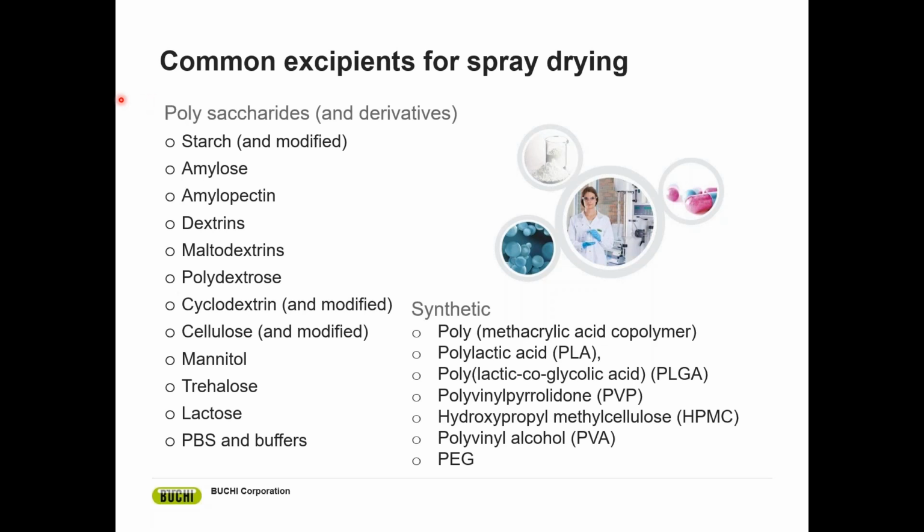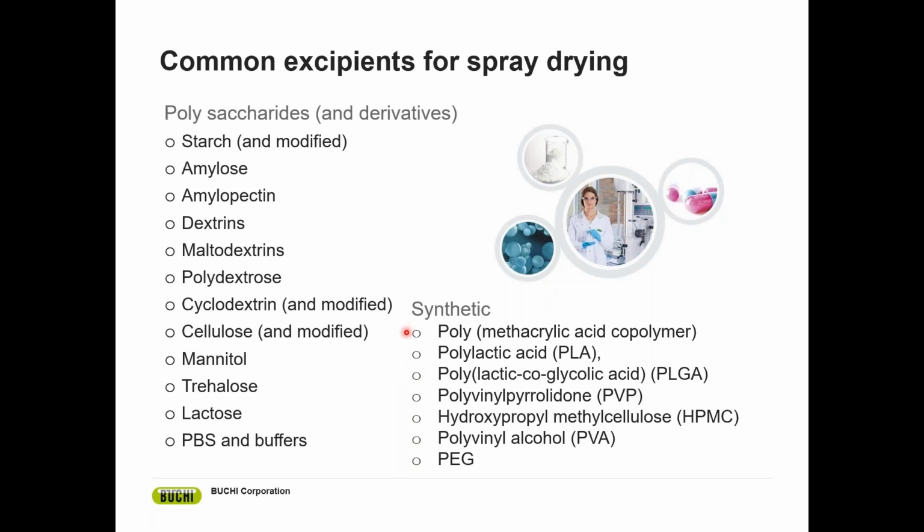Is it something food related, where I might be using a maltodextrin or a dextrin? If I'm doing large molecules, I'm going to be using things like mannitol, trehalose, lactose, and even salt buffers. If I'm in the pharma landscape, I'm most likely going to be using synthetic biopolymers that I need to use organic solvent, not exclusively, but mostly.